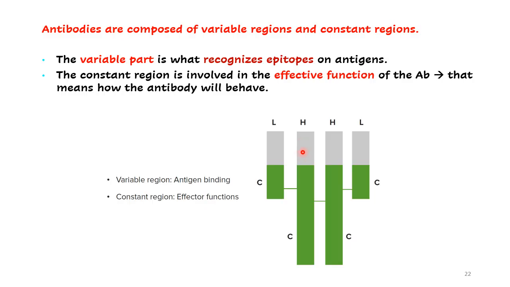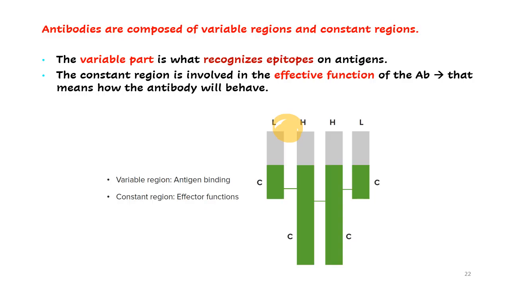You have a heavy chain and a light chain that get together, bringing those 2 variable regions close together, and the interaction of those 2 variable regions is going to form 1 binding domain for antigen. So the antigen is going to bind to a domain between those 2 variable regions, one from the light chain, one from the heavy.